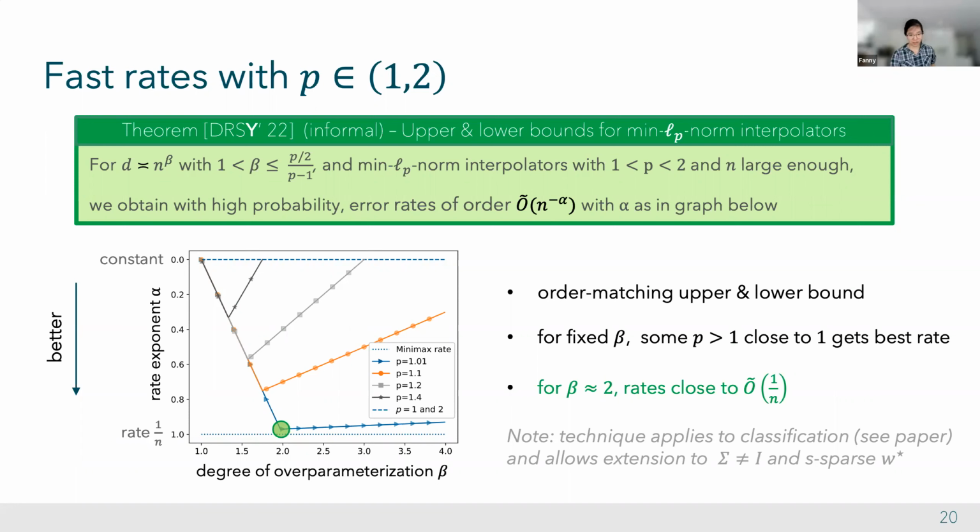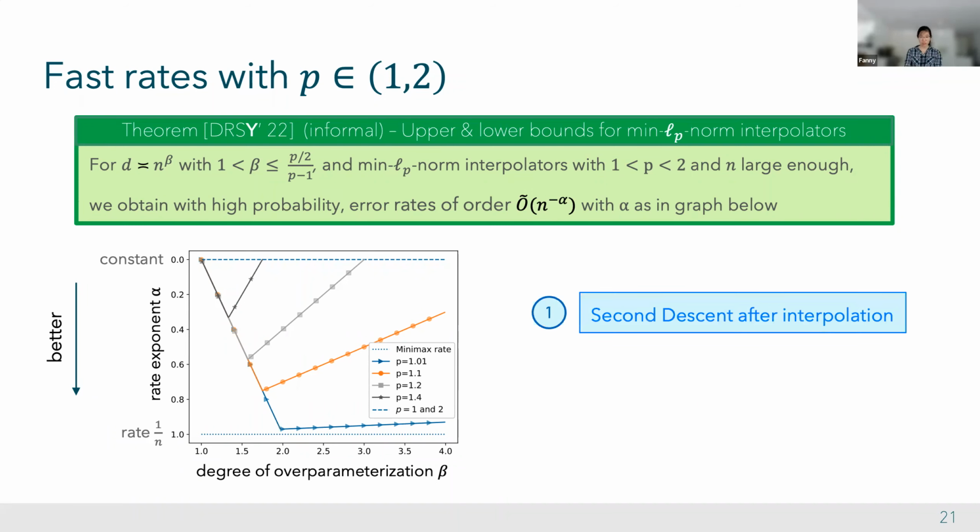Okay, so these were our rates. What do we learn from that? Going back to our two observations, do we now see those reflected in the rates? The first one was that we have this descent after interpolation. Interpolation is when β is equal to 1 here.